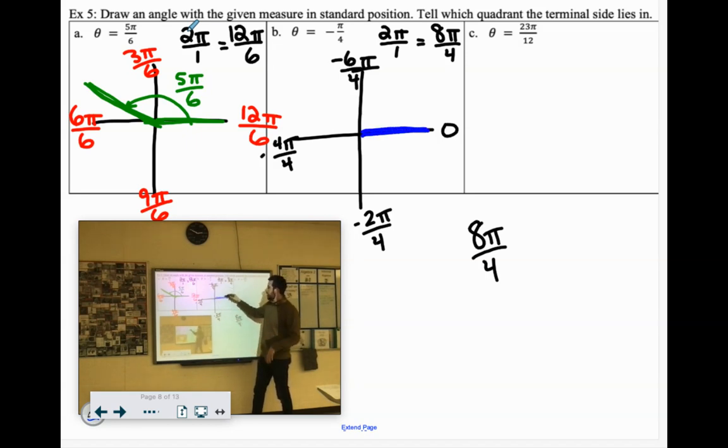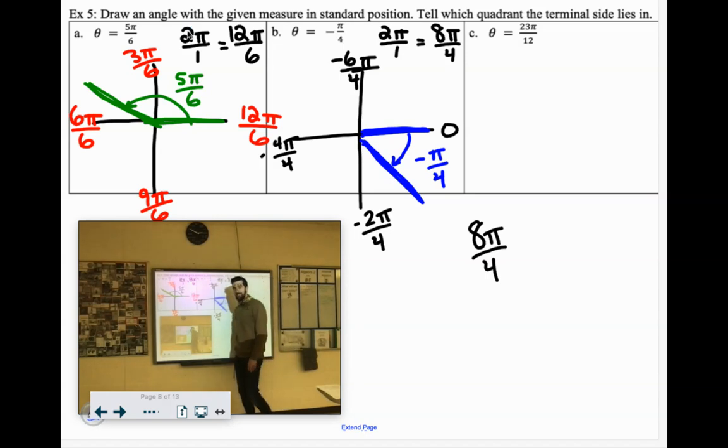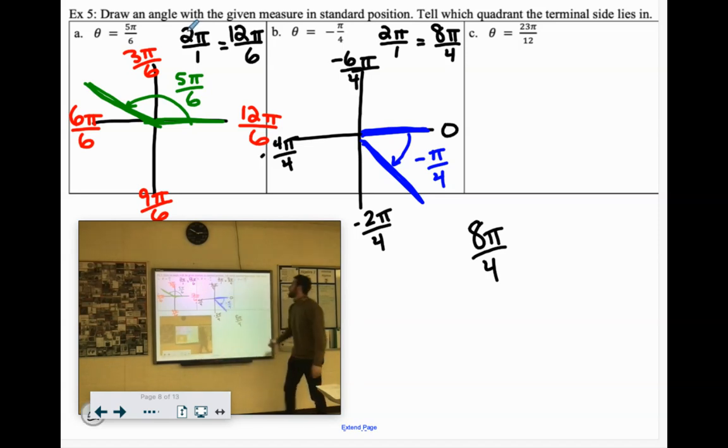Negative 1 pi over 4 would be halfway between 0 and 2 pi over 4. So this would be our negative pi over 4. And again, eventually we're going to say, hey, what's the reference angle? That's an acute angle with the x-axis. So you would just say pi over 4. Way to go.